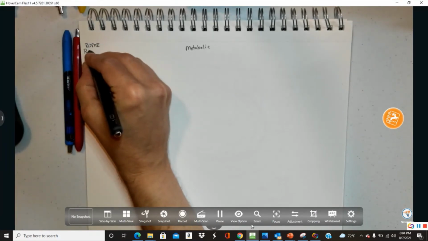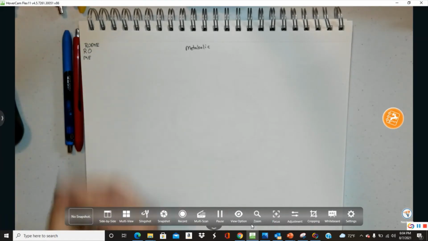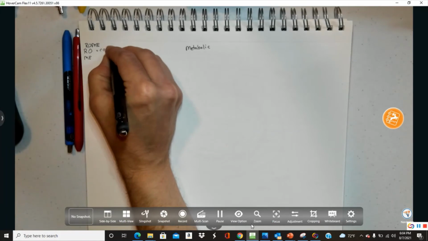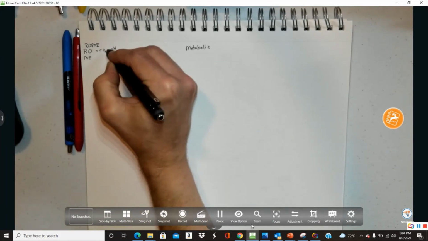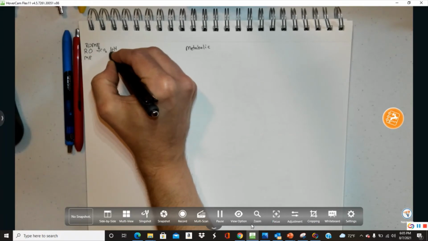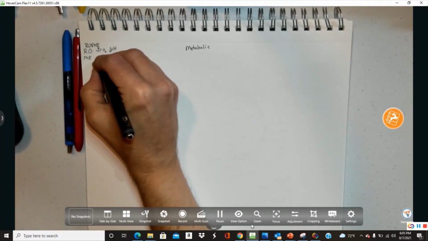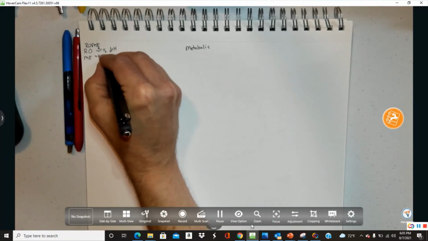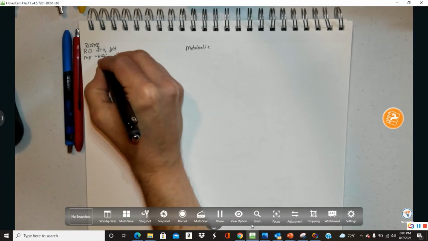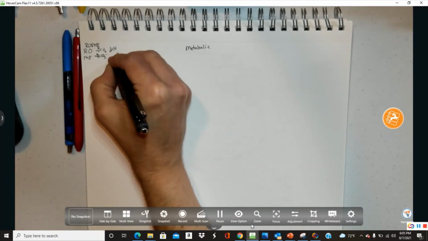Respiratory, opposite. Metabolic, equal. CO2 and pH always go opposite, but with metabolic, it is equal: HCO3 minus and pH always go the same.